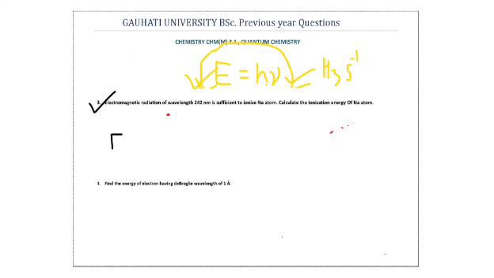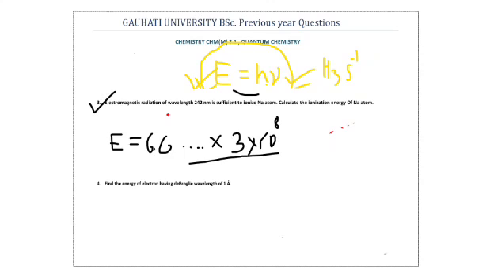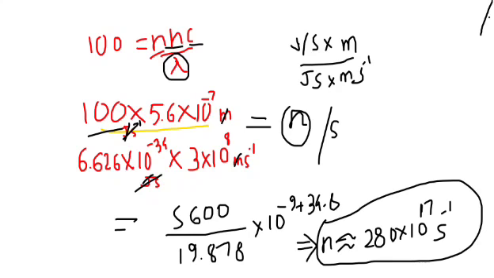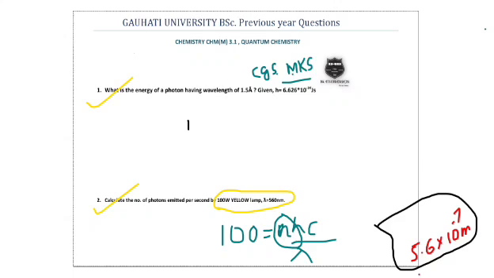Again, using the relation E is equal to h nu, we'll simply put the value of Planck's constant, that is 6.626 something, you know it very well, into c, the speed of light, 3 into 10 to the power 8, divided by 1 angstrom. In the first slide we discussed what 1 angstrom is. 1 angstrom is equal to 10 raised to the power minus 10 meter.